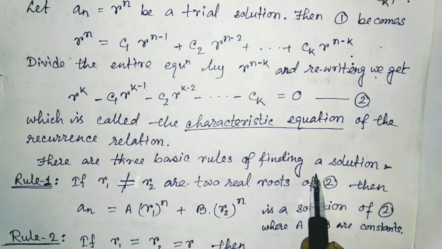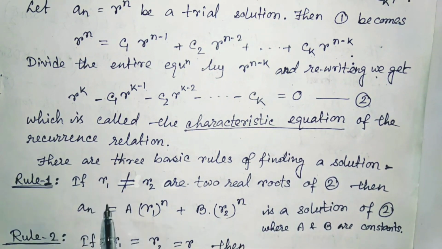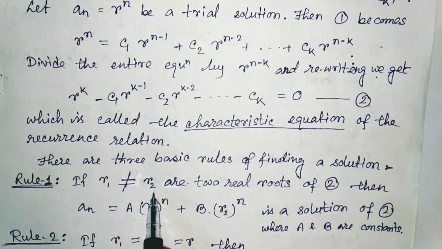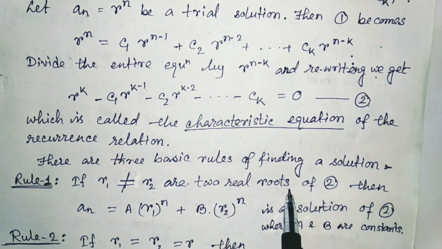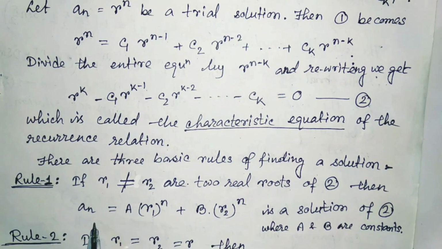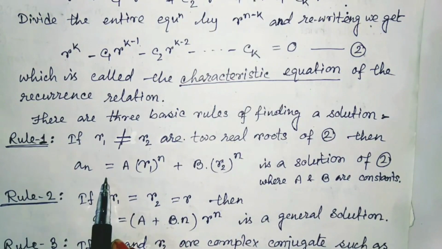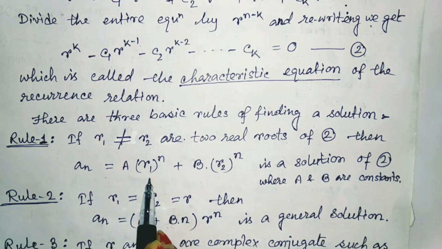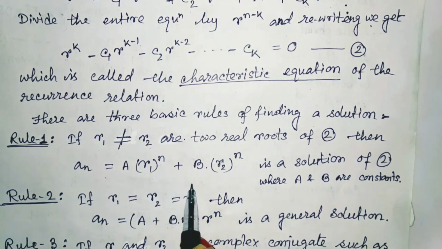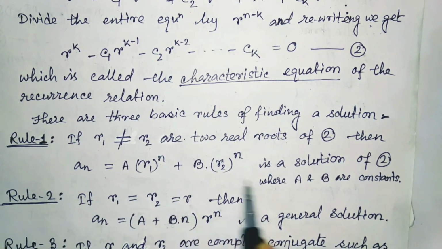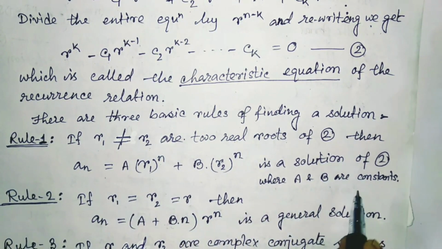The first rule is, if the 2 solutions are r1 and r2 and these 2 are not equal, that means 2 different roots, and both the roots are real, then the solution of the recurrence relation is a(n) = a r1^n + b r2^n, where a and b both are constants.